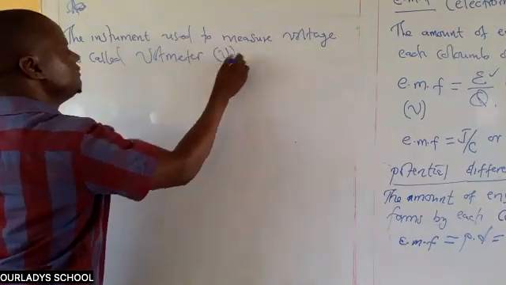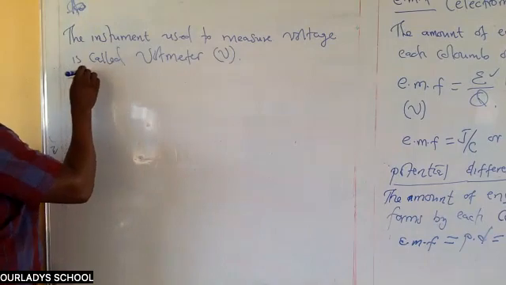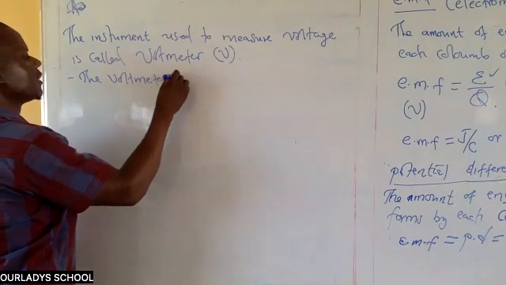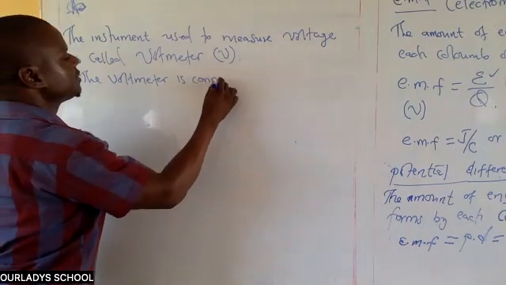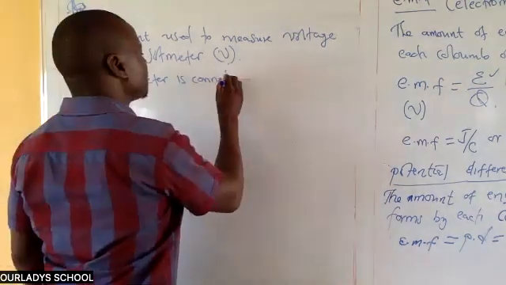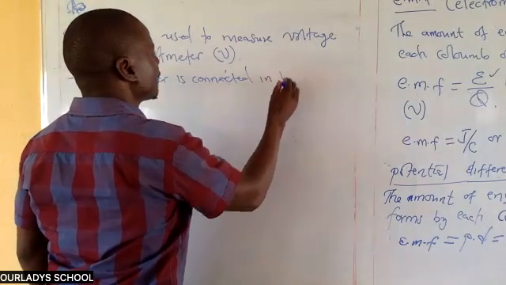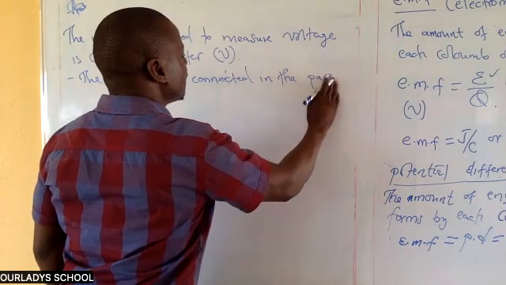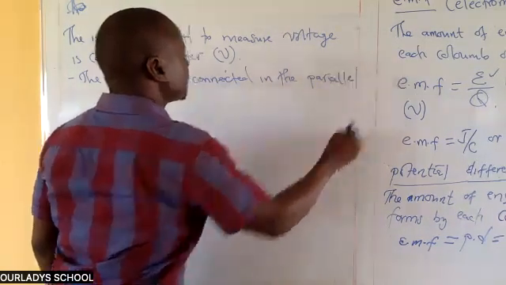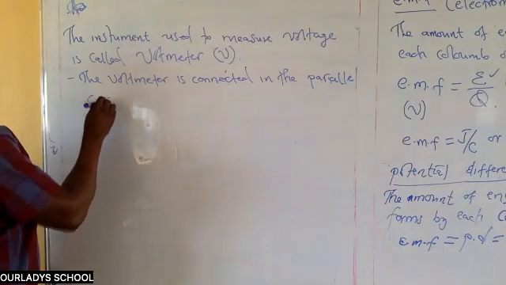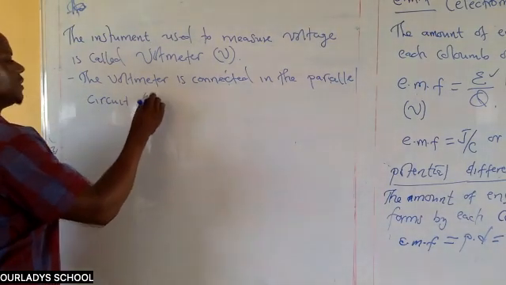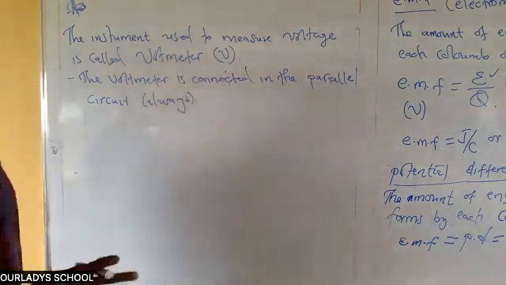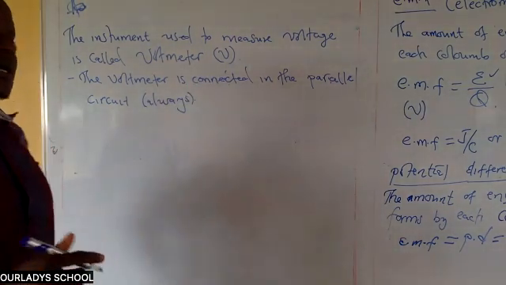Its symbol is V. Then you are saying the voltmeter is connected in a parallel circuit. Always. We connect the voltmeter always in the parallel circuit.